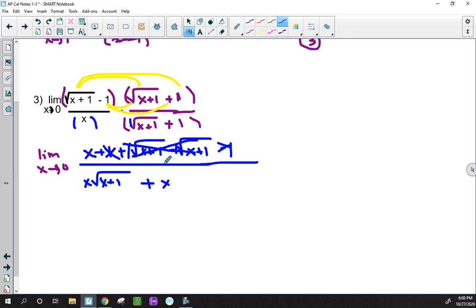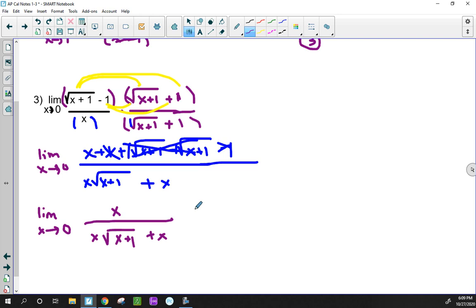So basically, not ready to answer it yet, so I drop my notation down. The limit as x approaches 0 of the top is just going to give you an x. And the bottom is giving you x times the square root of x plus 1 plus x.